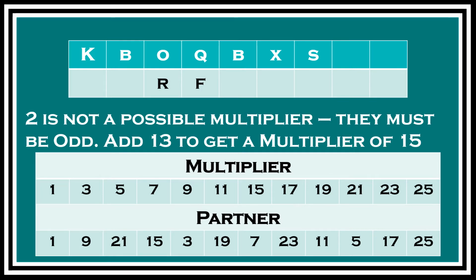So we get a value that's exactly 13 out. So if we get an even number for the N space divided by D space, we need to add 13 to get the correct multiplier. So since we got 2 when we worked out N space divided by D space, adding 13, 2 plus 13 is 15, that will be our multiplier.